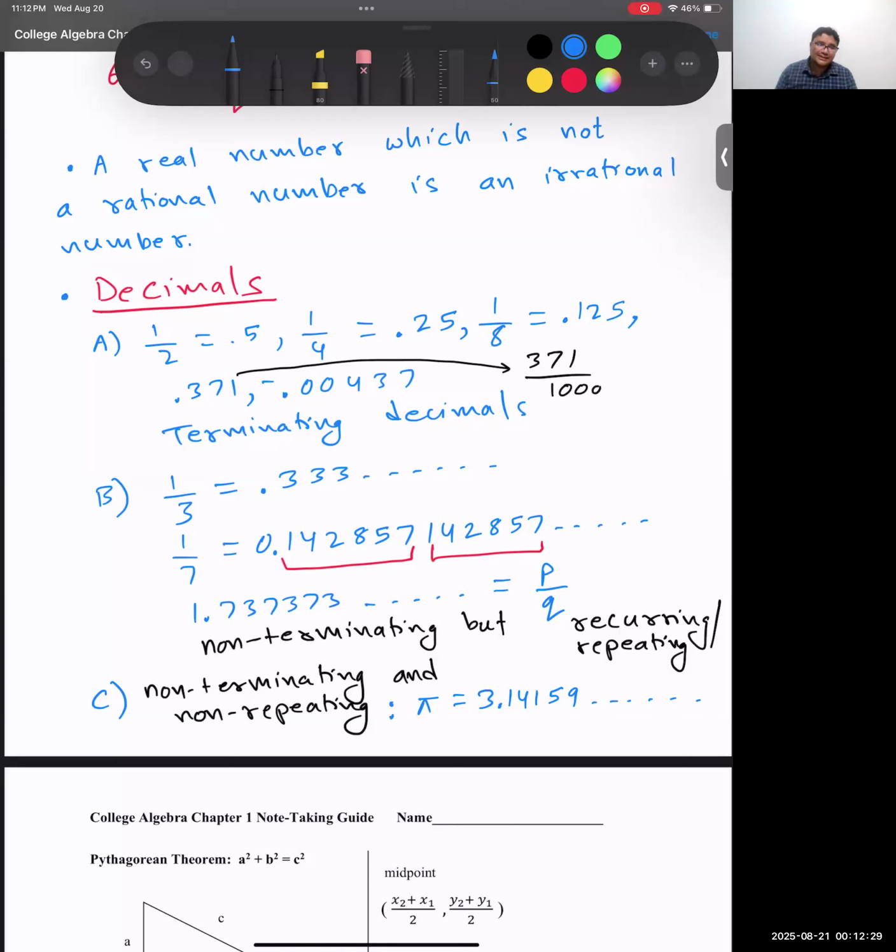Those kinds of numbers are irrational. And now in this list, you would have noticed there are two categories here. So the first two were rational, and the last one here is irrational.